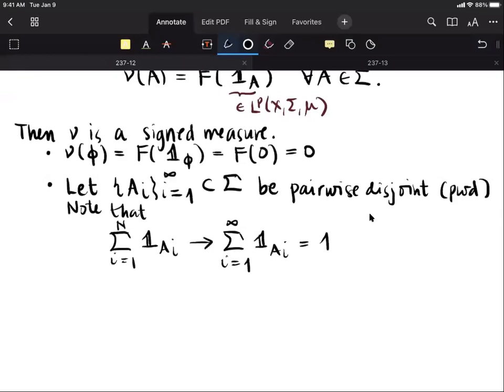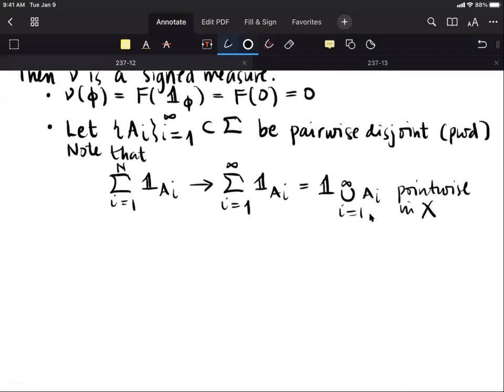But this is the same as the characteristic function of the union. And this is true pointwise in X. You could, of course, easily show this one.